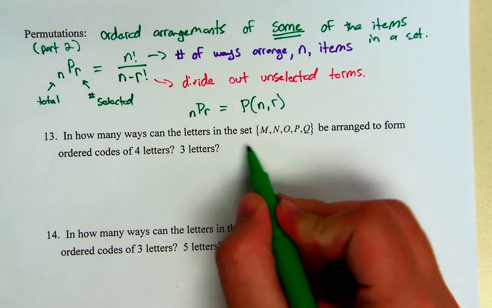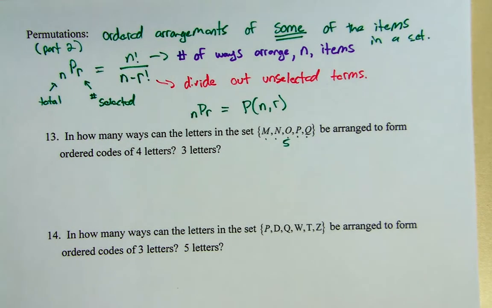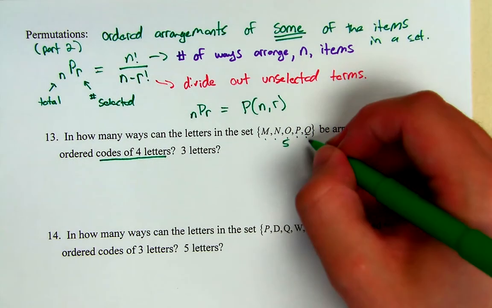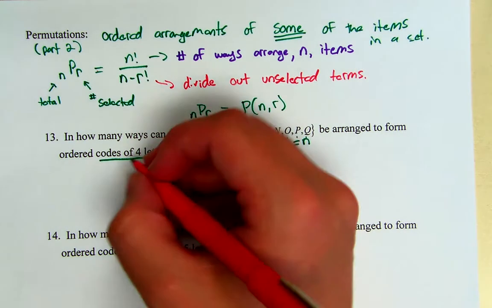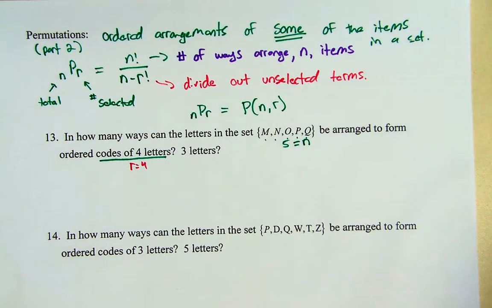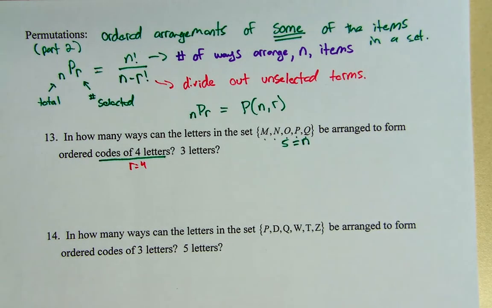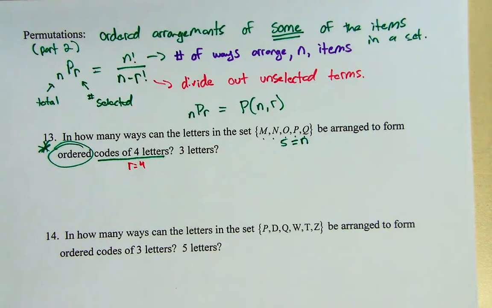Alright, so 13. How many ways can the letters in the set 1, 2, 3, 4, 5 be arranged to form codes of 4 letters? So 5 is n, and I'm choosing a 4-letter code, so that's r. In codes, order matters. Again, this keyword here, ordered.